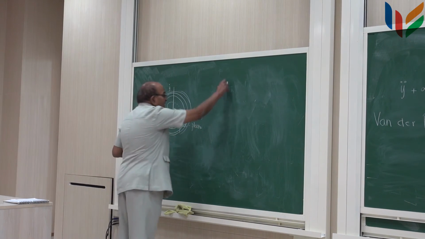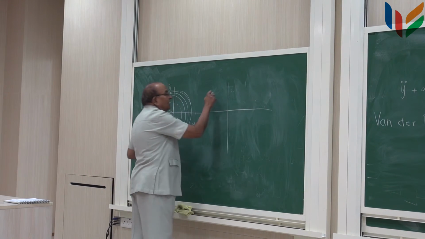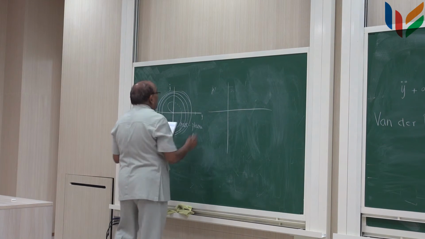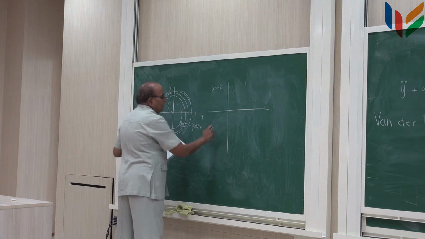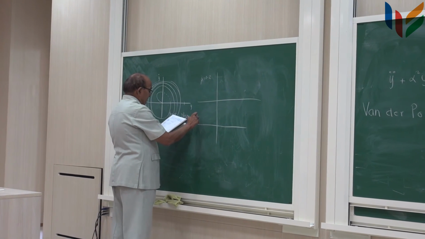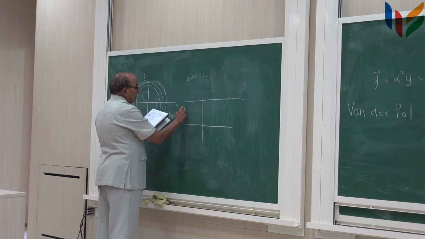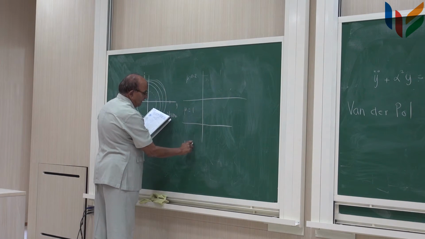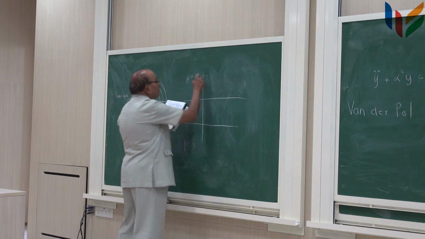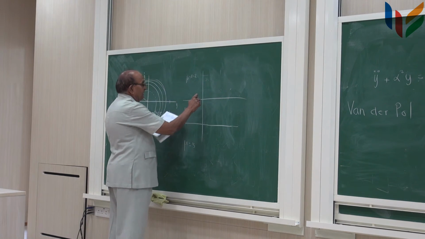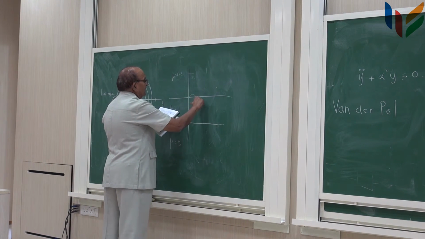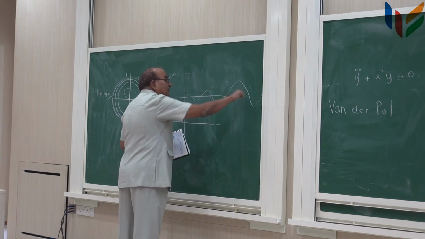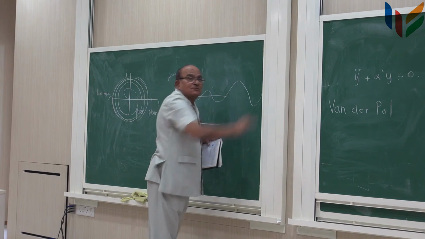Anyway, leaving that aside, it turns out that if mu is equal to some number like 0.2, this is taken from the internet, if mu is equal to 1 and mu is equal to 5, the waveforms y will be in this case something like this, finally stabilizing to a sine wave.